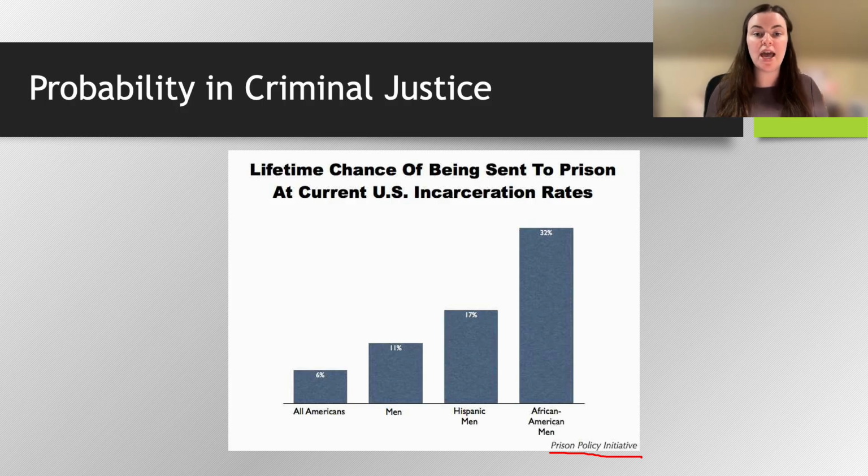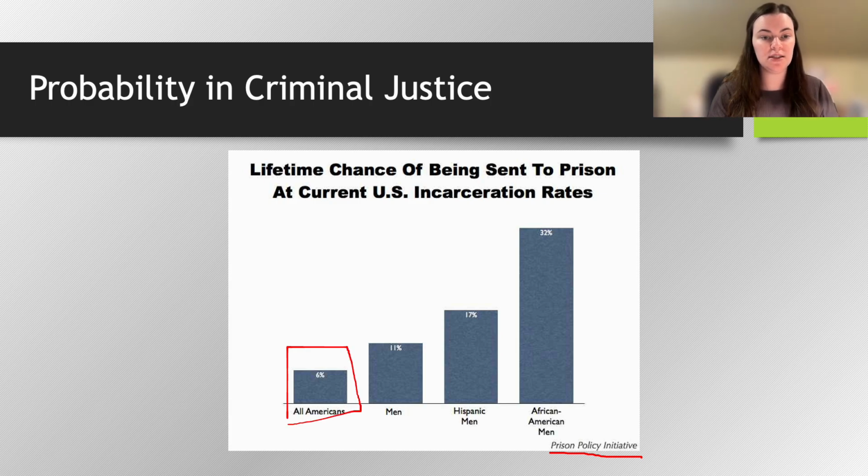And so if we were to look at all Americans in the entire United States, so population level of our country, you have a 6% chance of being sent to prison or being incarcerated at some point during your lifetime. If we were to only look at the population of men, that increases to an 11% chance.